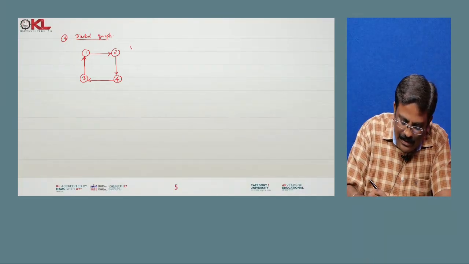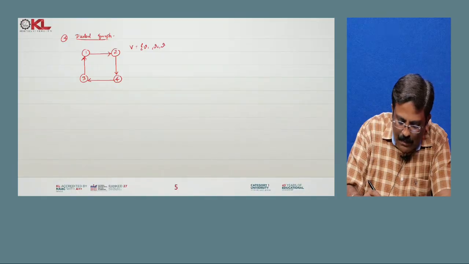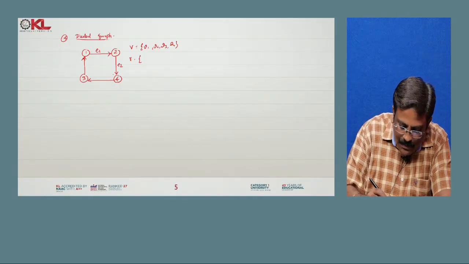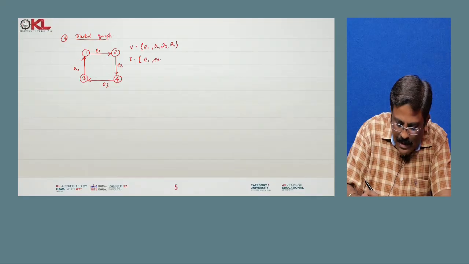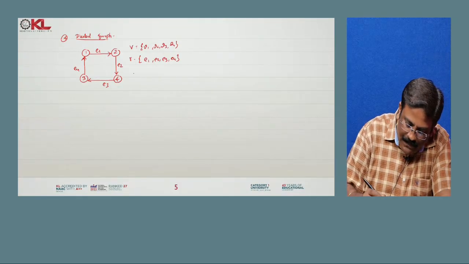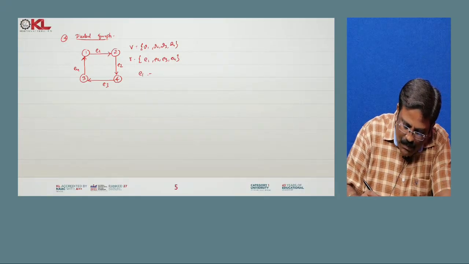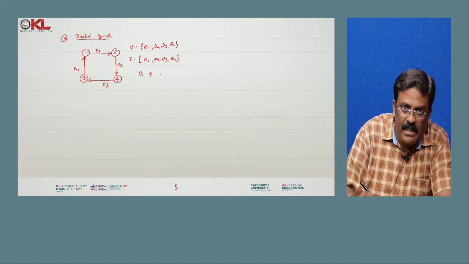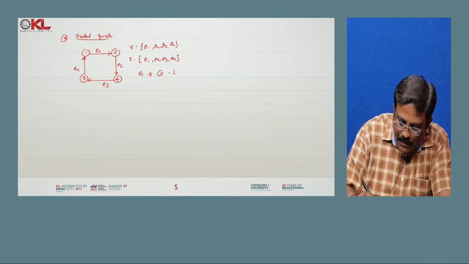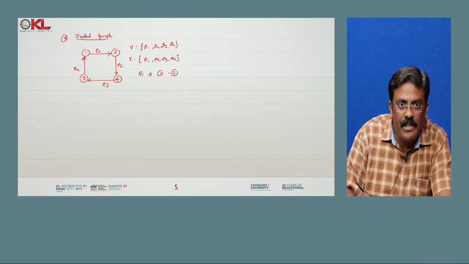In this case also we have the vertices V1, V2, V3, V4 and the edges E1, E2, E3, E4. But if we take E1, it represents that the edge is connecting only from 1 to 2, and the edge does not exist from 2 to 1.